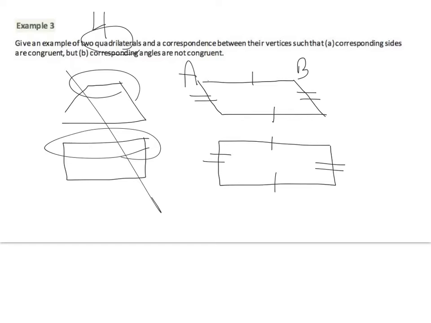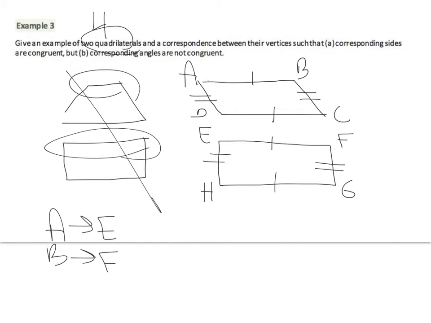So A, B, C, D, E, F, G, H. Now it says correspondence between their vertices. So A to E, B to F, G to C, and H to D. A, B, C, D. Yeah, cool.